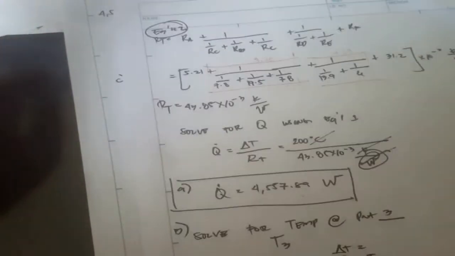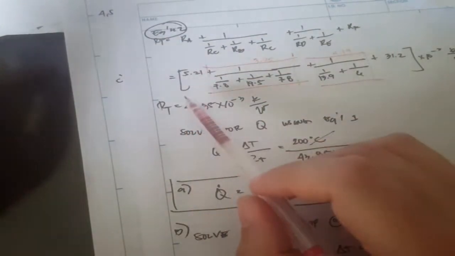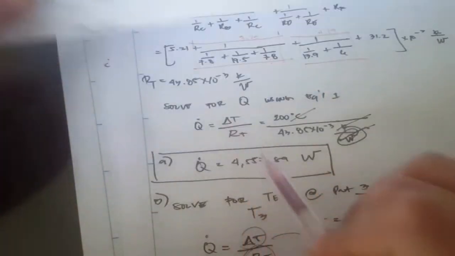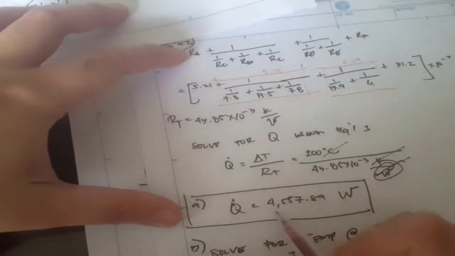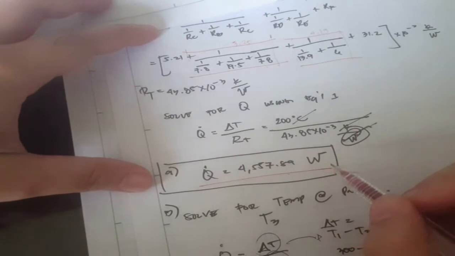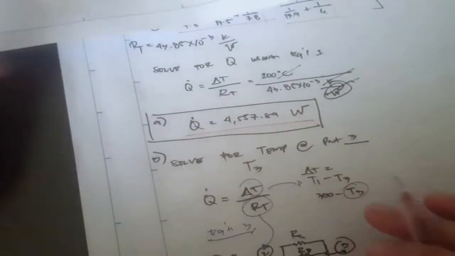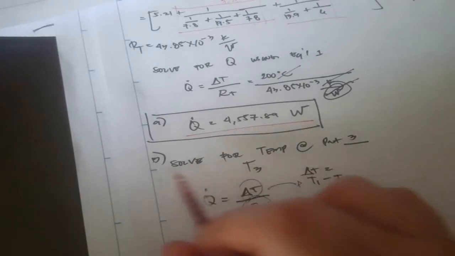After getting the total R, we can solve for our Q, or heat transfer through the wall, using our initial equation, which is this one. By having that, we come up with the value of Q, which is equal to 4,557.89 watts.